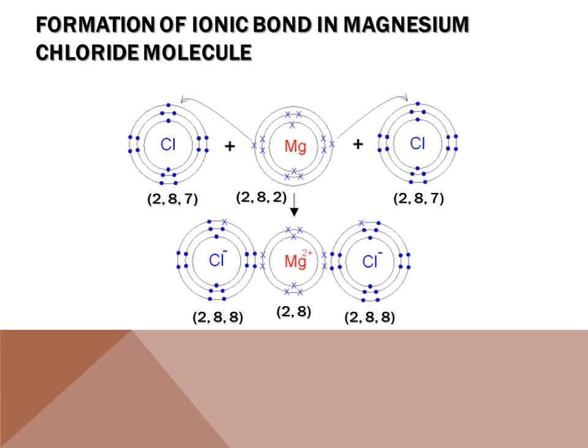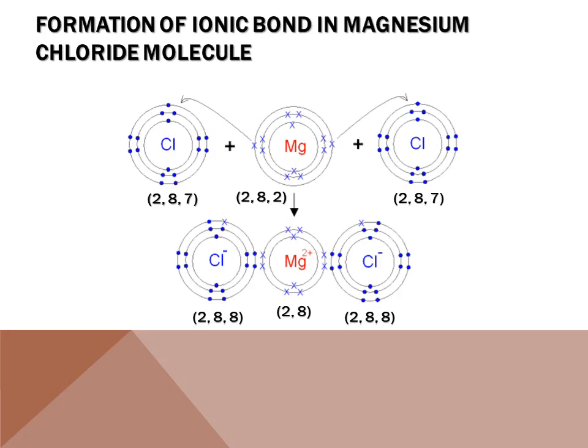Now let us see the formation of the ionic bond in the magnesium chloride molecule. Magnesium chloride is formed by one magnesium atom and two chlorine atoms. Chlorine, which has 17 electrons, is distributed as 2 electrons in the first shell, 8 electrons in the second shell, and 7 electrons in the third shell.